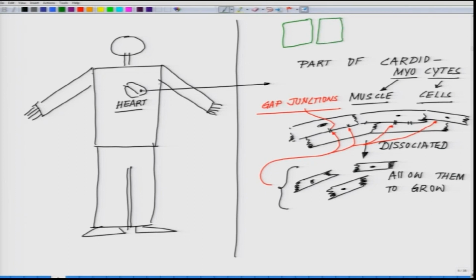Now, if I put a connector like this, these two rooms can crosstalk with each other. These connectors are called gap junctions in technical terms, and they are nothing but proteins. These are membrane proteins which form these kinds of junctions.